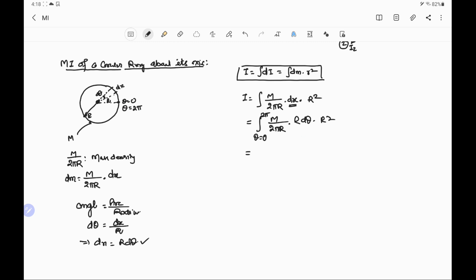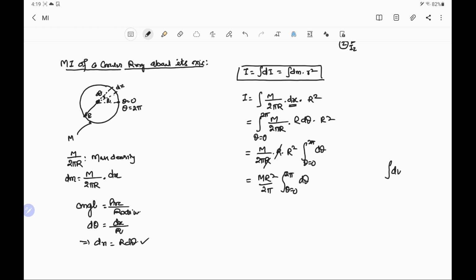Constant terms will be taken out of the integration. It is m upon 2 pi r into r square integral d theta, theta equal to 0 to 2 pi. One r will be cancelled out, and we are left with m r square upon 2 pi, and integration theta equal to 0 to 2 pi d theta.